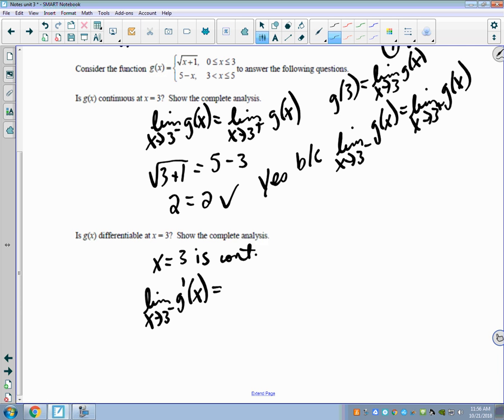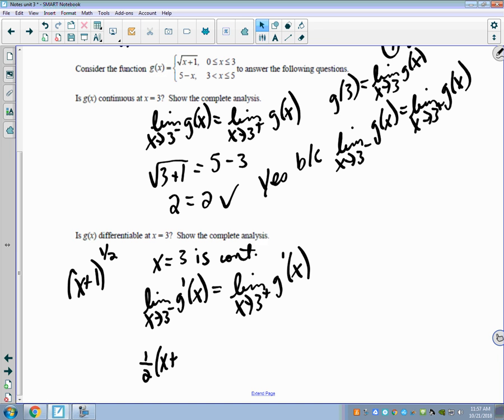Is the limit as x approaches 3 from the left of g prime of x equal to the limit as x approaches 3 from the right of g prime of x? That means we need to take the derivative of each side.